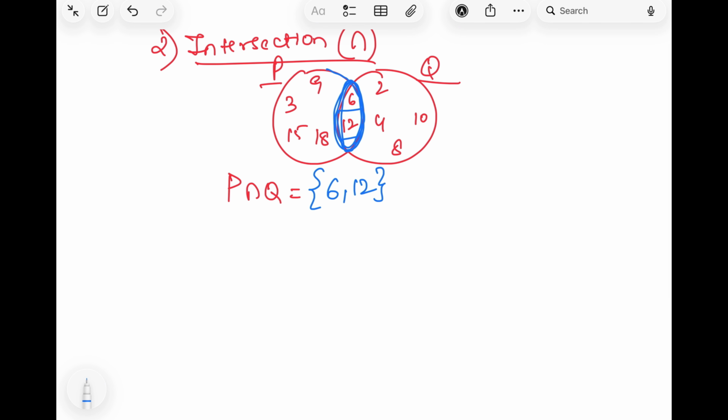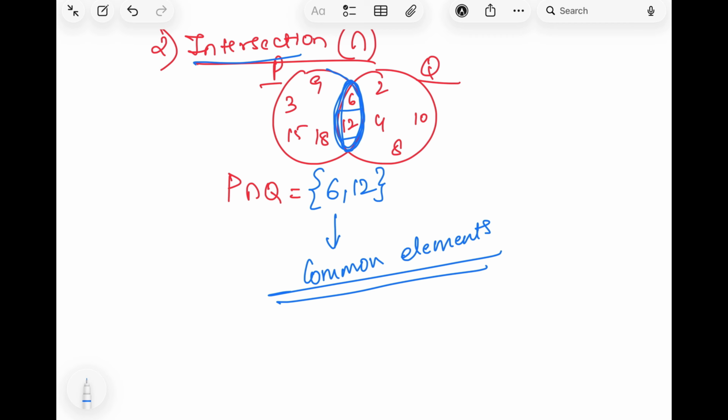So in intersection, we write the common elements, because we know whatever is mentioned in the set is an element only. So in intersection, we just write the common elements, and in union we just write all the elements together. So P intersection Q is 6 and 12 because 6 and 12 is coming in set P also and in set Q also. So I hope everything is well understood.